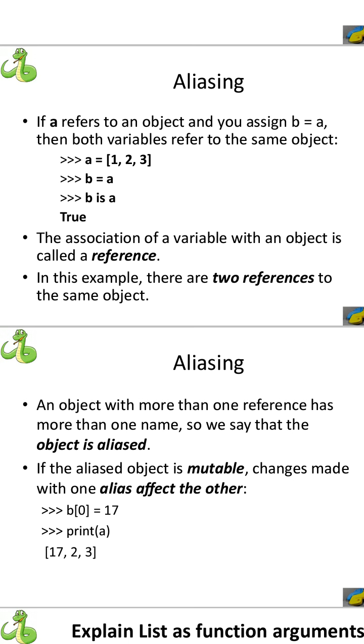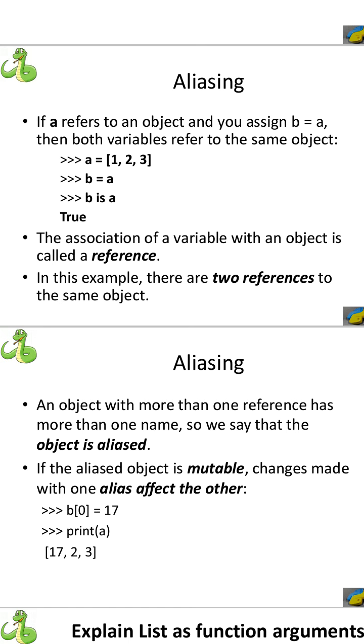By this, I can say that B is an alternative name for my original list A. If A refers to an object and we assign B equal to A, then both variables refer to the same object.